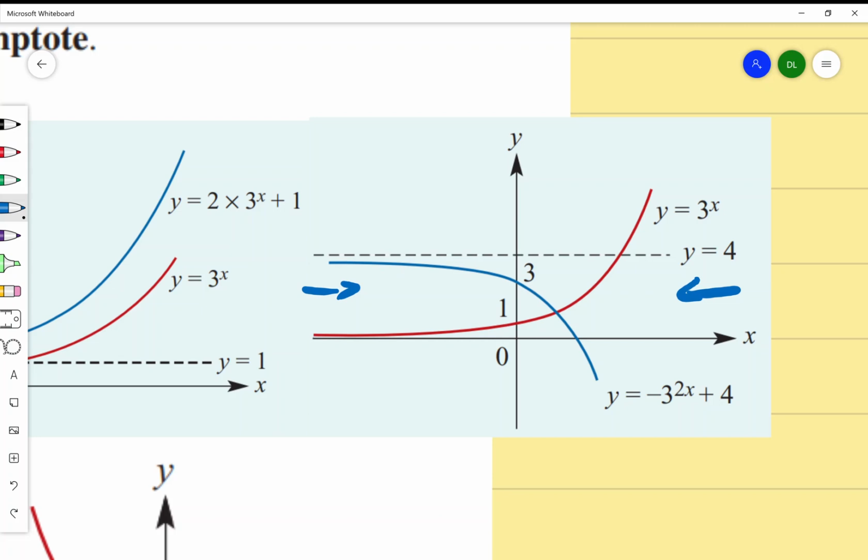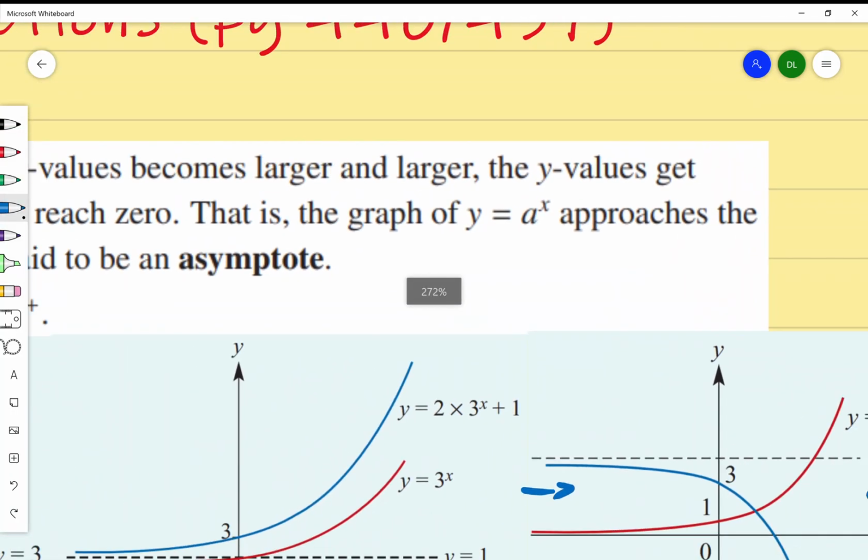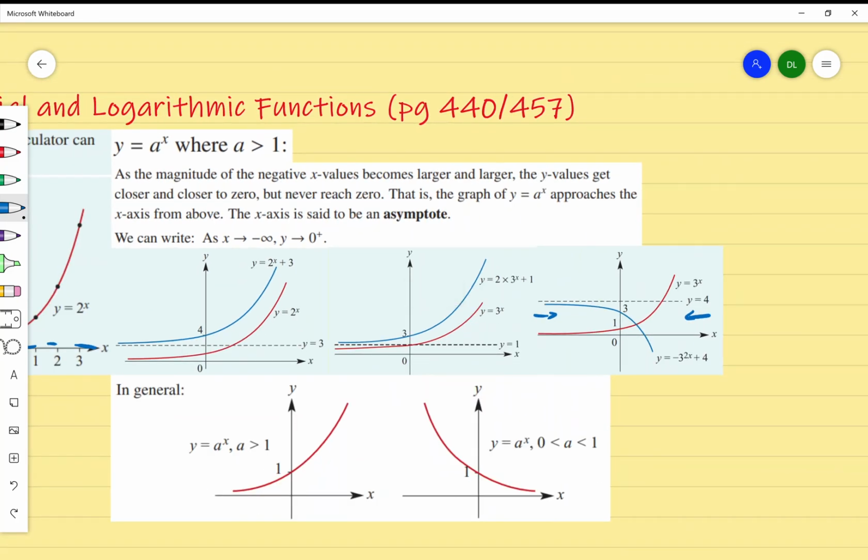Lovely. So let's read this text over here before we move on. As the magnitude of the negative x values become larger and larger, the y values get closer and closer to 0 but never reach 0. So that's what we were talking about earlier. That is, the graph of y equals a to the power of x approaches the x-axis from above.